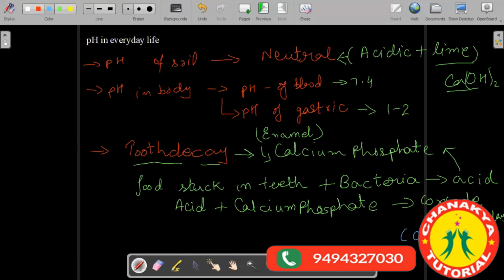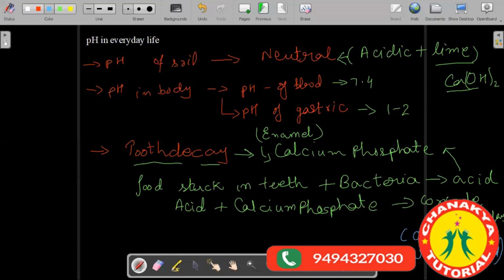What are cavities? Holes. Yes, small holes or small pores are created in our tooth. If small holes are created, they will lead to an increase in the amount of food that will stick to your teeth.